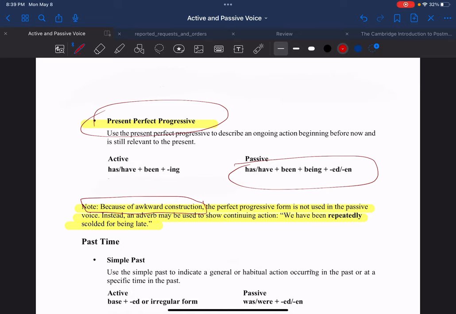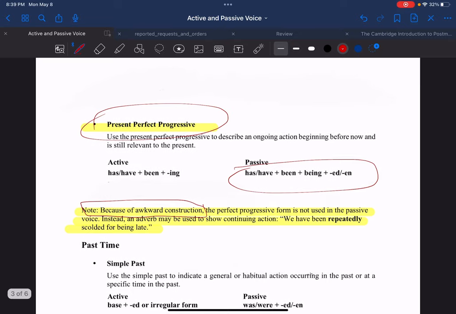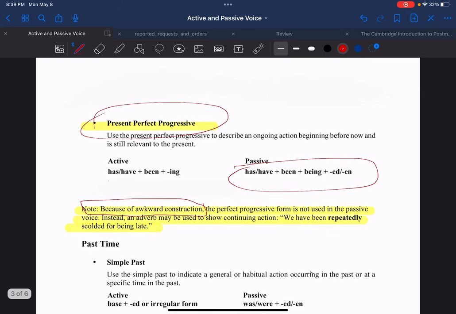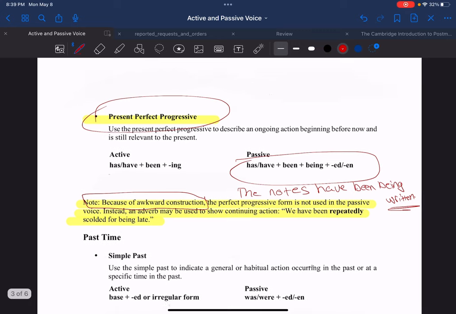If we directly give a passive sentence, it would be like this: the notes have been being written. This is just an awkward sentence structure. Therefore, this is not something we'll cover for now.